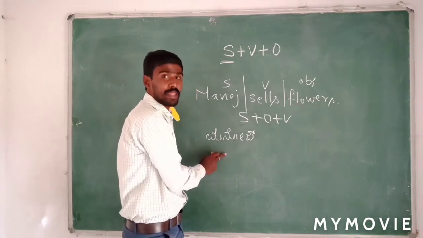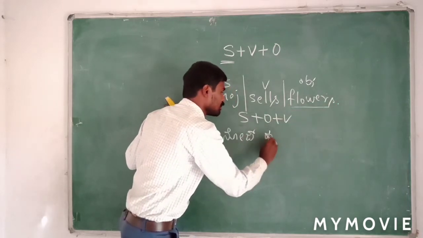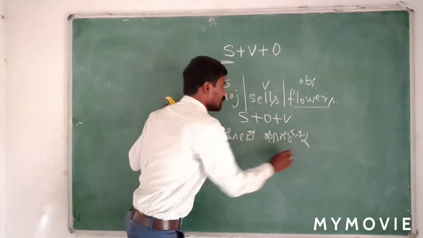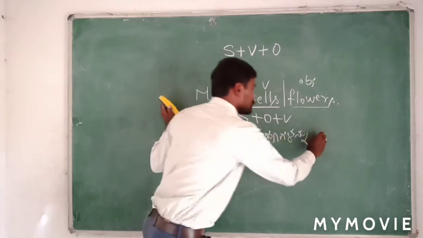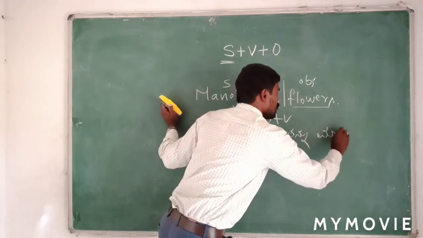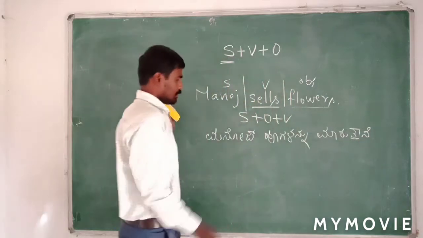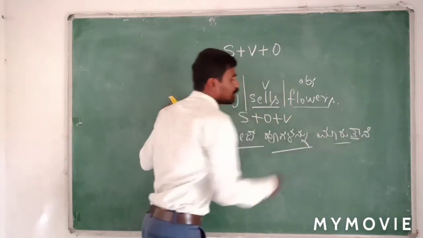Manoj, we write the object, ಹೂಗಳನ್ನು, then the verb sells, present tense, ಮಾರುತ್ತಾನೆ. First comes subject, next comes object and verb.